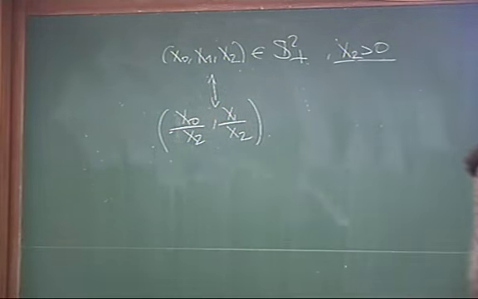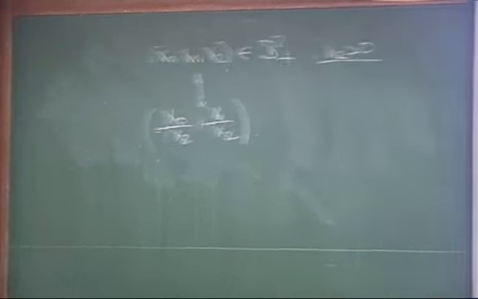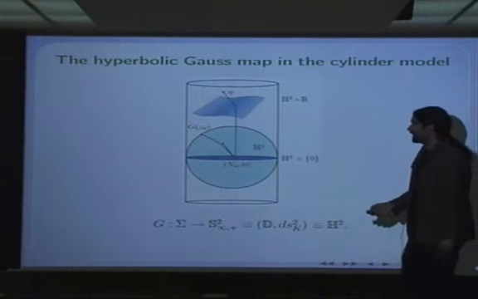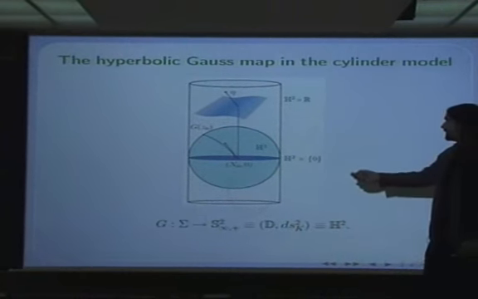Okay, so what I'm doing is just to project like this. And so in the end, this turns out to be the projective model for the hyperbolic plane. Okay, so this is an explanation of how it works.